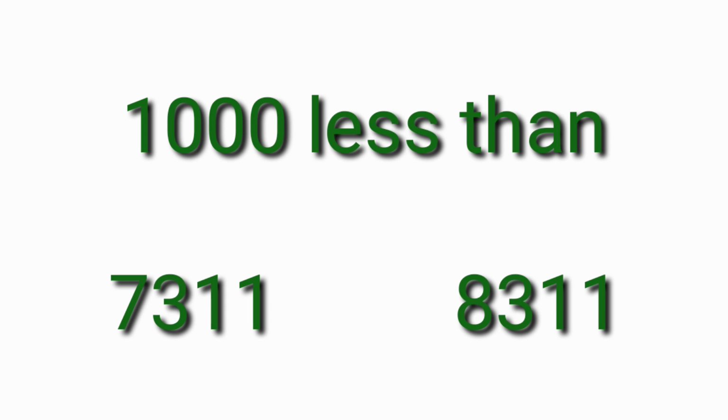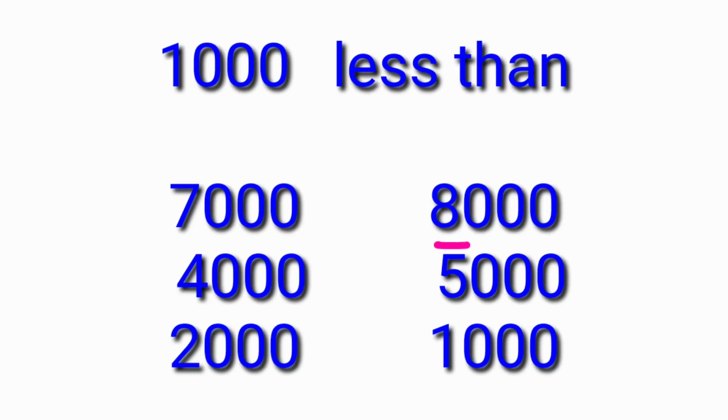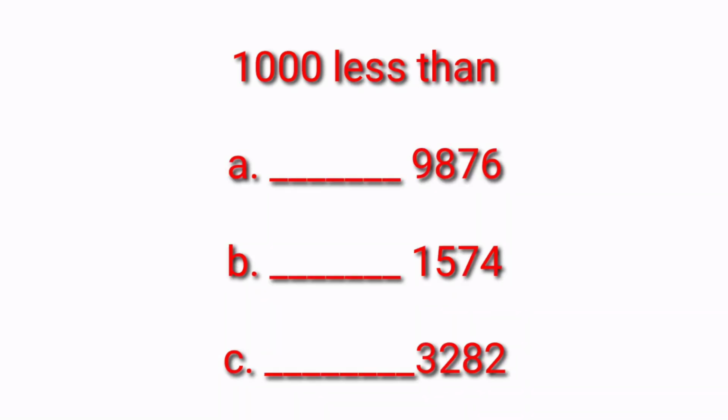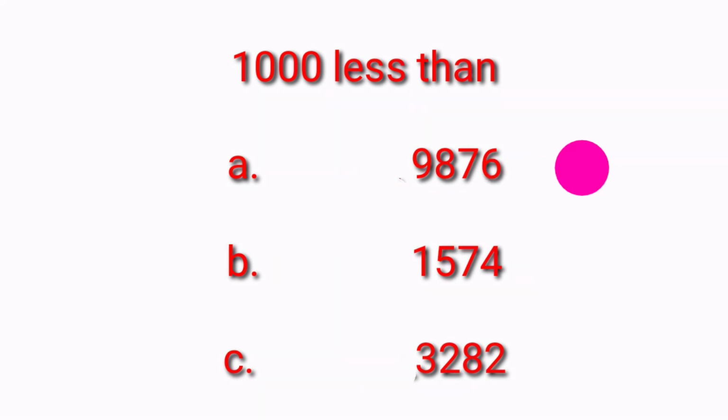To find 1000 less than a number, subtract 1 from the digit at thousands place. Observe these examples. 1000 less than. We are looking for a new number which is 1000 less than 9876.